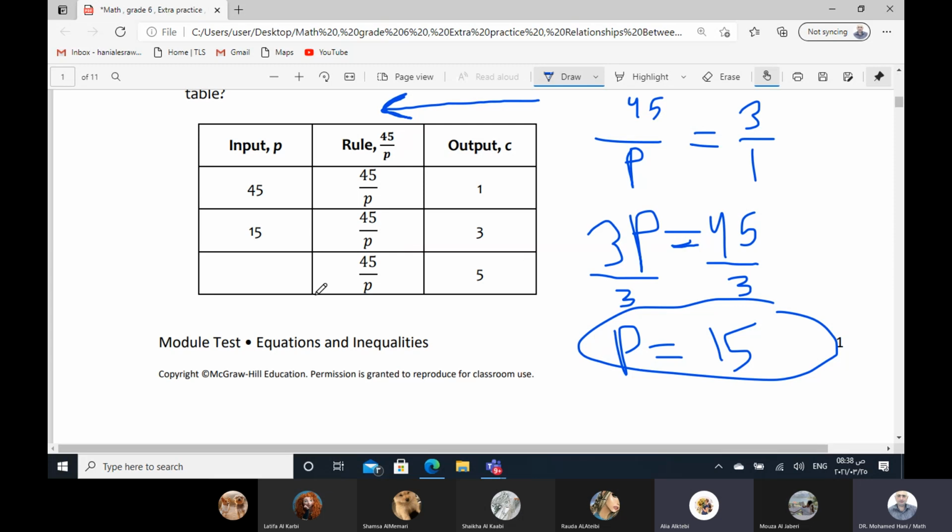Now I want from all of you, if I have the output 5, and this is the rule, please find the value of B. Start, please.